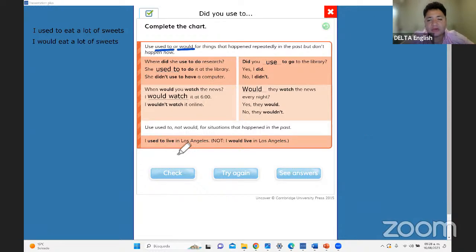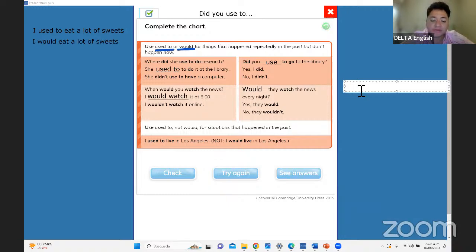Verbs that cannot be used in the imperative, verbos que son estativos, entonces se utilizaría siempre used to and not would. Sorry, it's not passive, but it's stative. So how can you differentiate between an active verb and a stative verb?